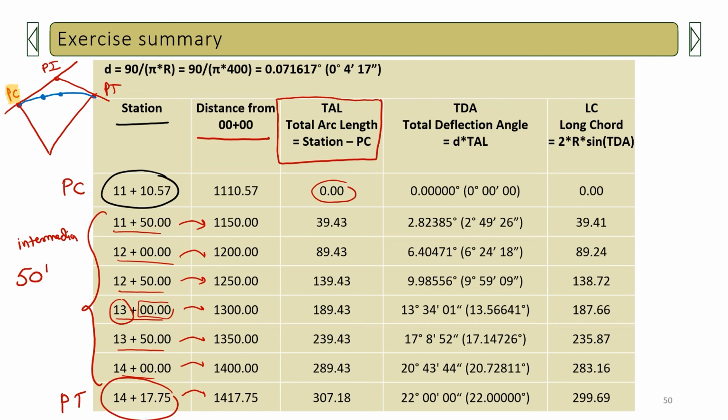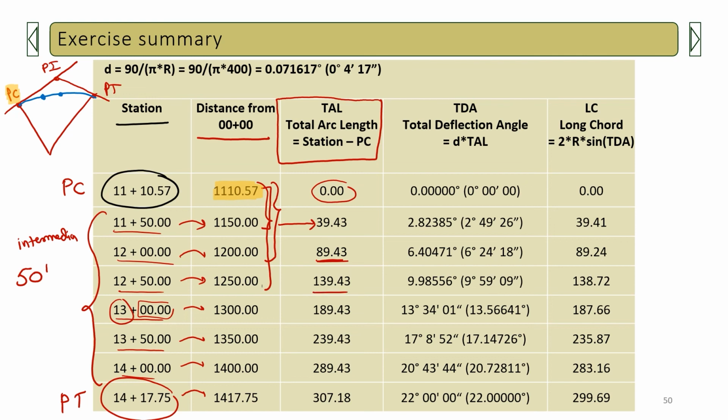So this minus this would give you this. How do we get this? You subtract this from this and you get the total arc length for this station. So always subtract this term from the original term and you would get this.